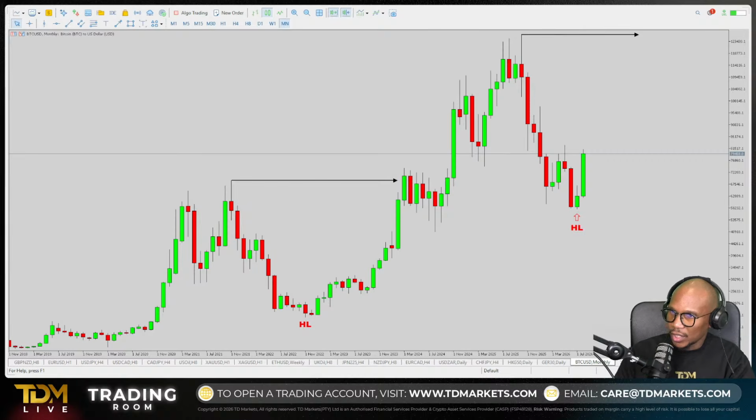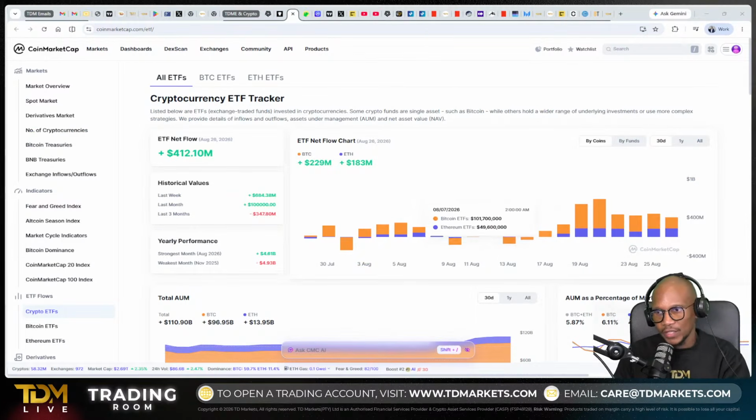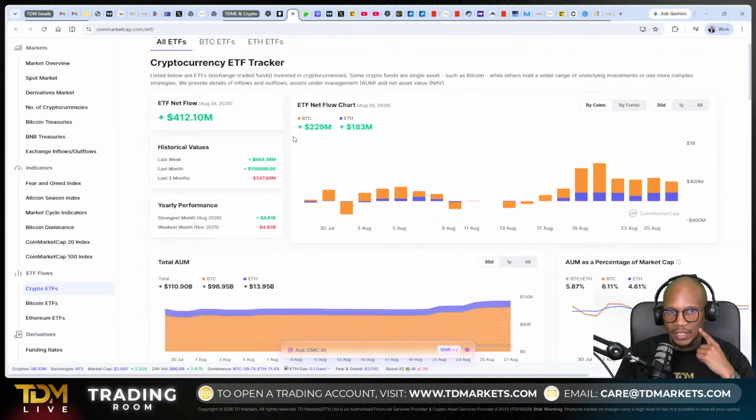Maybe let me share my chart. Hence we are able to look at such, this is the cryptocurrency ETF tracker, right?